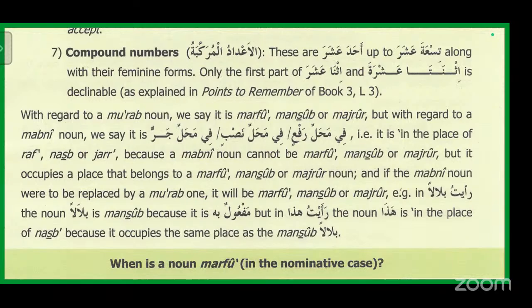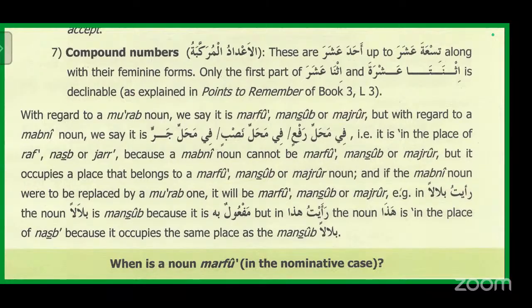That is, it is in the place of rafa or jar. Because a mabni noun cannot be marfu'un, mansubun or majrurun, but it occupies a place that belongs to a marfu, mansub or majrur noun. If the mabni noun were to be replaced by a mu'rab one, it will be marfu, mansub or majrur.